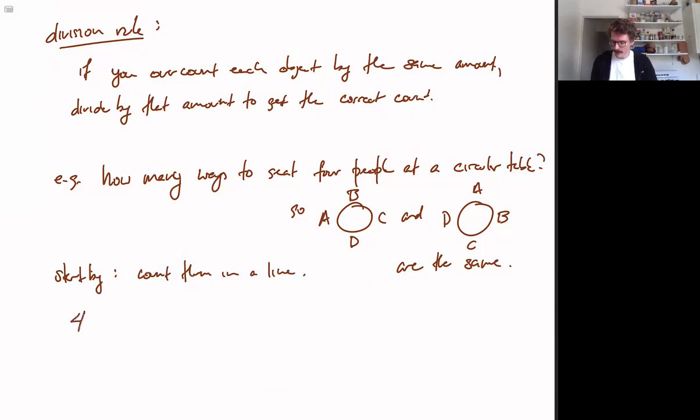So we have 4 pieces, which are the 4 seats. And in each seat, we can put 1 person with no repeats. So the first seat, we have 4 options. The second seat, we have 3 options. The third seat, we have 2 options. And the last seat, we only have 1 option. So this is, what is this? I guess this is 24 ways total.